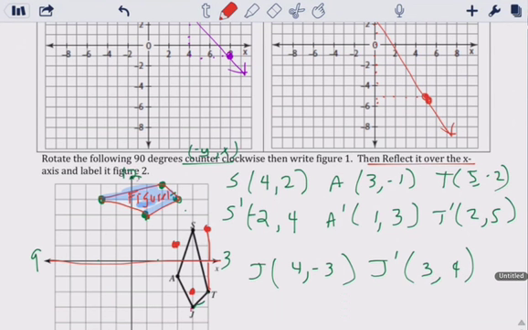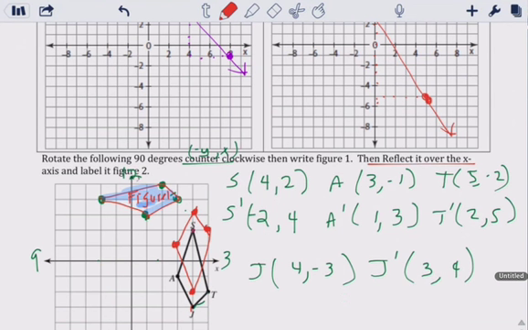J is 1, 2, 3 away, 1, 2, 3 away, right there. Connect the dots. There we go. It's a reflection of itself.